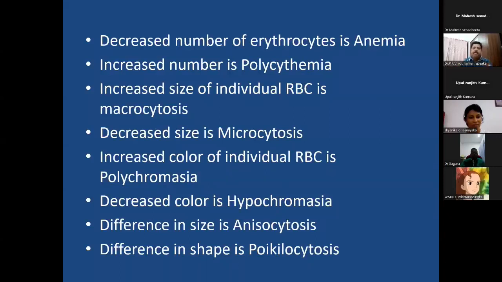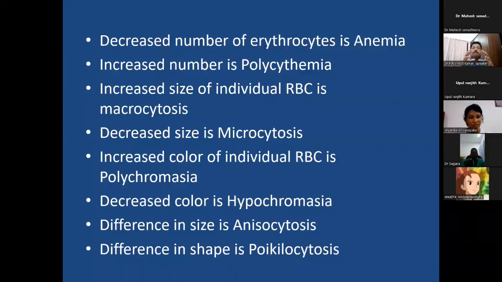And decreased size is microcytosis, because there is a hemolytic process going on. When hemolysis occurs, the hemoglobin inside the RBC will flow off due to the lysis of the erythrocytes. And there will definitely be a decreased amount of hemoglobin in individual erythrocytes. That we say the MCH is low.